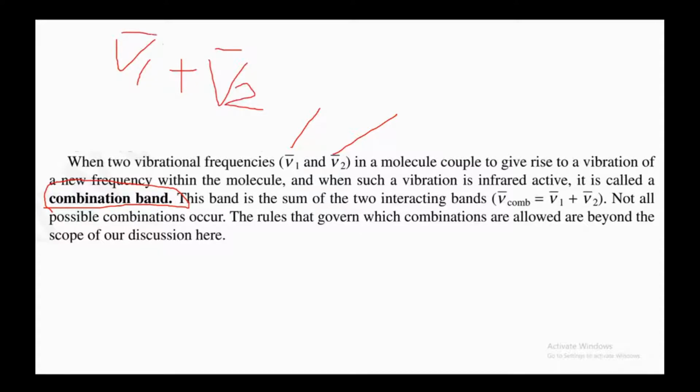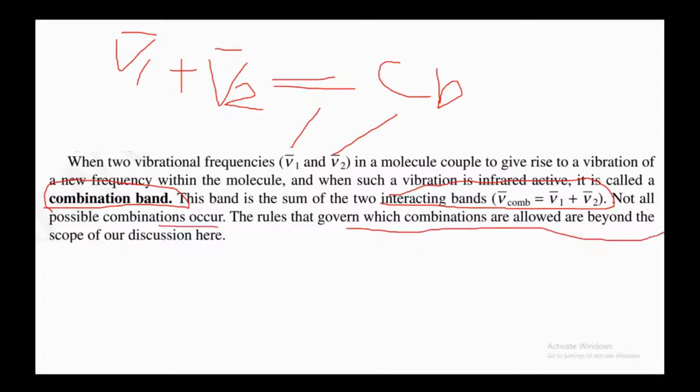So when these two frequencies of a molecule combine, you get a CB, that is, a combination band. This band is the sum of two interacting bands, V1 and V2. Not all possible combinations occur. The rules that govern which combinations are allowed are beyond the scope of our discussion here.